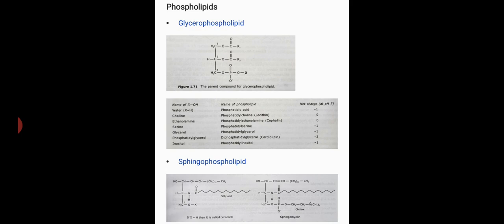In sphingophospholipids, an 18 carbon amino alcohol called sphingosine is present instead of glycerol. A fatty acid is joined to a sphingosine via an amide linkage to form a ceramide. Ceramide is the structural parent of all sphingolipids.